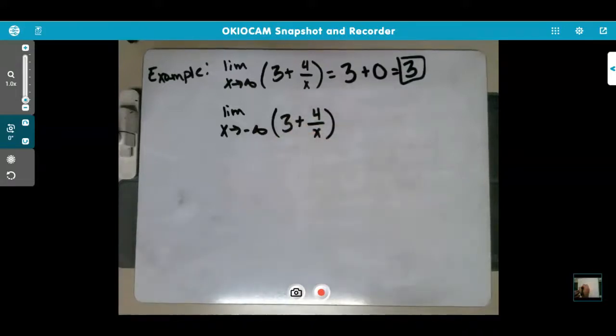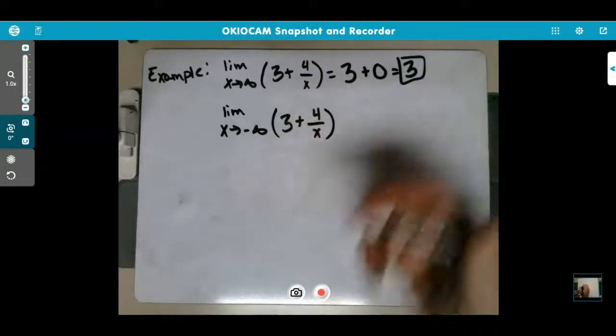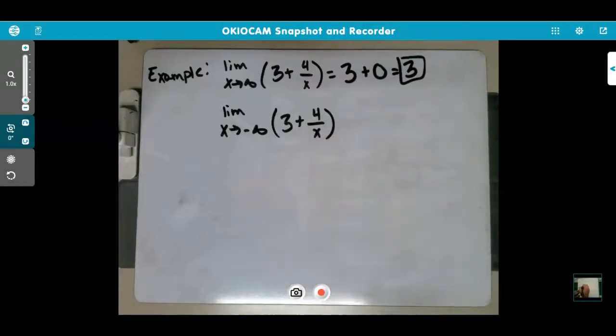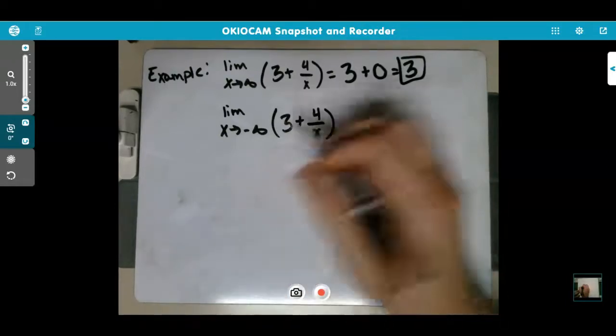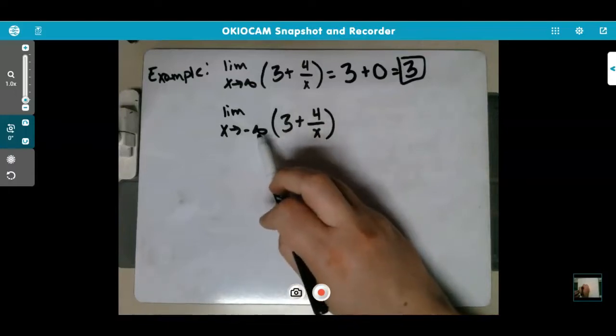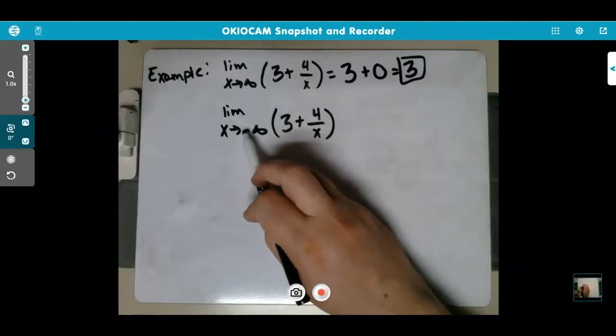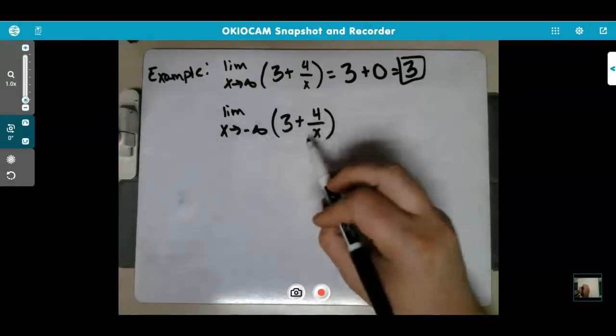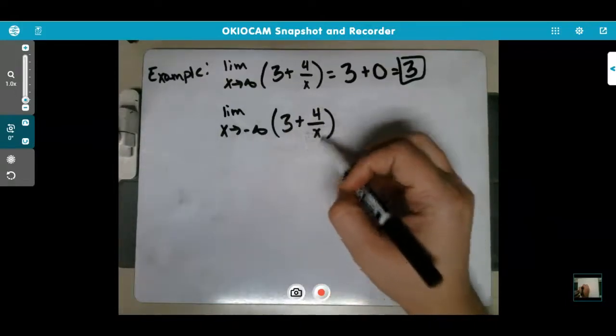Now for this one, I can't do what I did on the last one because that's not being squared. So it does not just become positive. But the idea is still the same. This is still a number that's really big, just negative. But it's still 4 over a thing that's really big.